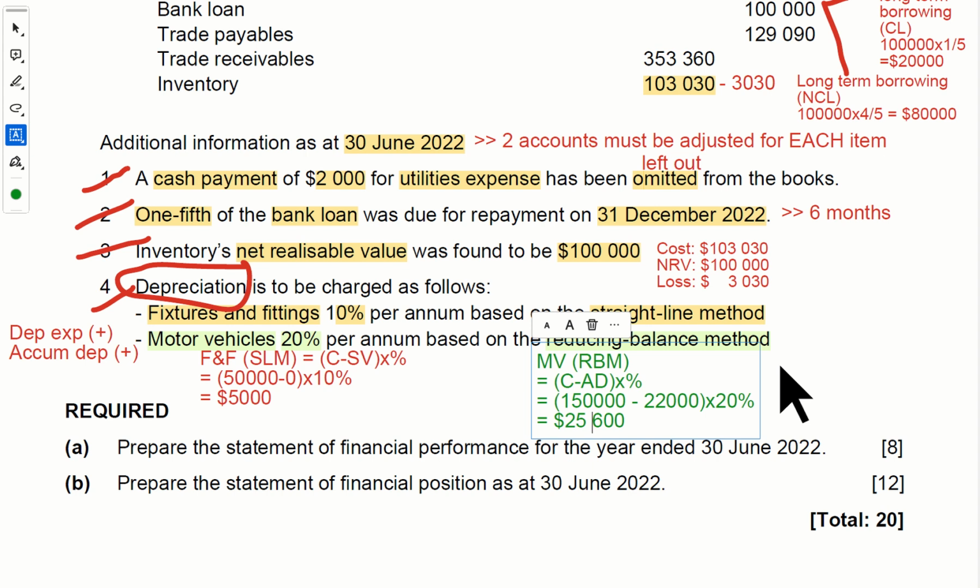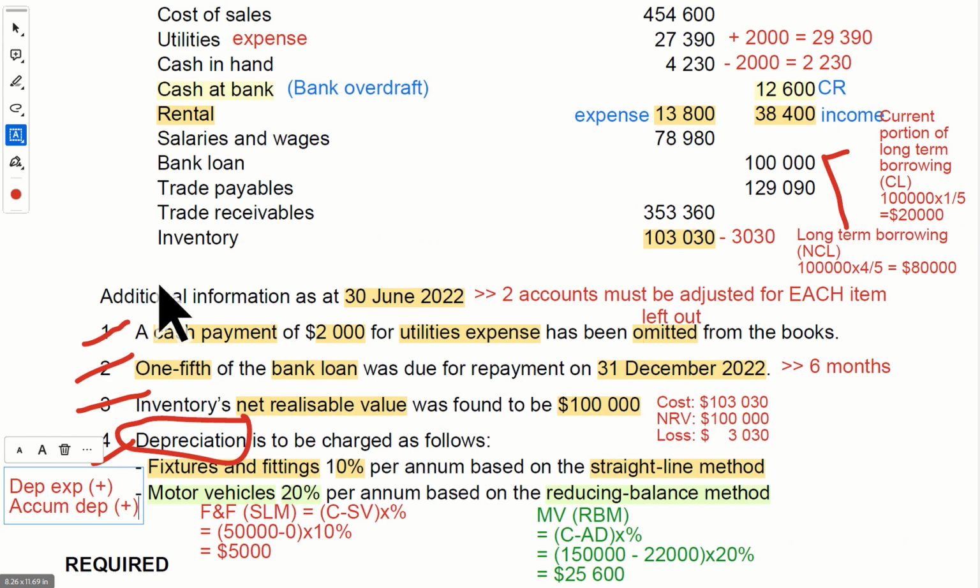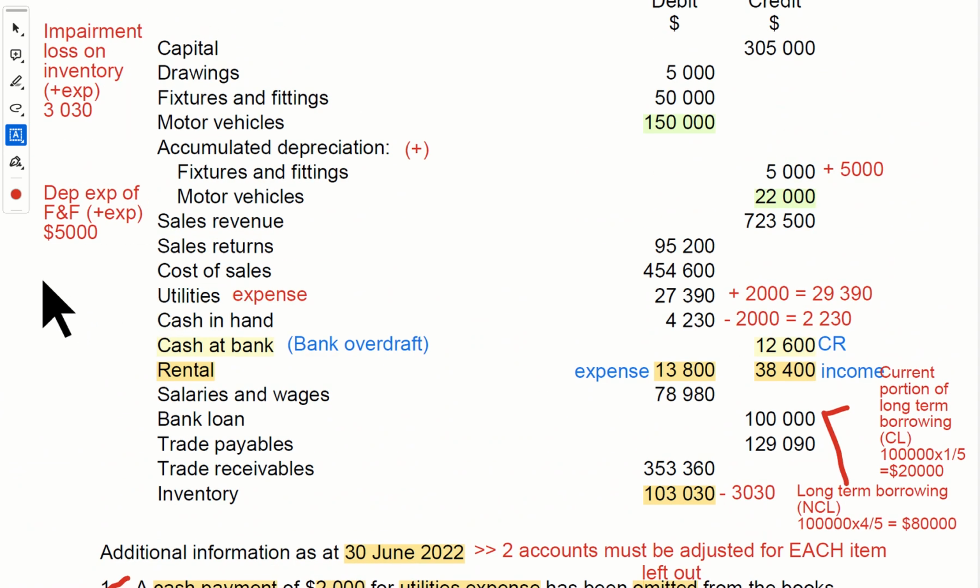So again, what are the two accounts that have to be adjusted? Depreciation expense and accumulated depreciation. So I'm going to go up and see there is no depreciation expense of motor vehicle. I will open a new account called depreciation expense of motor vehicle, in short form because this is my own workings. It is an increase in the expense and the increase is 25,600.